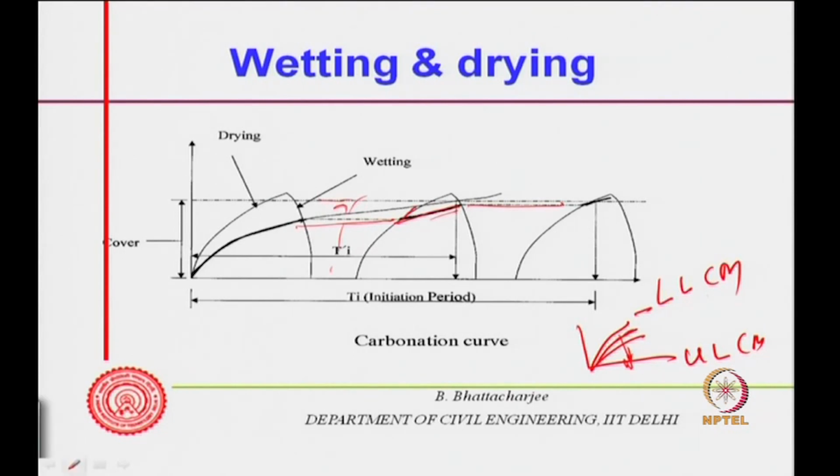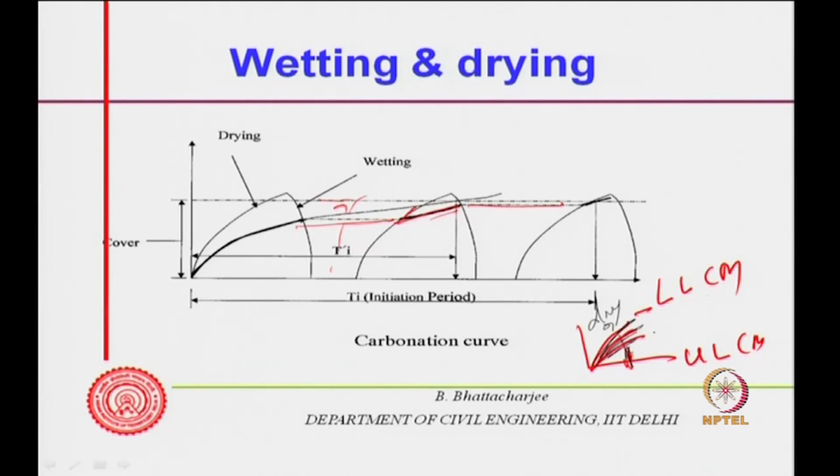So, only beyond a certain moisture level. Above the lower limit of critical moisture content it is dry, then moisture reaches the lower limit of critical moisture content, carbonation starts, and as wetting continues it reaches the upper limit of critical moisture. So, carbonation will progress only in between, and this is during the wetting phase.